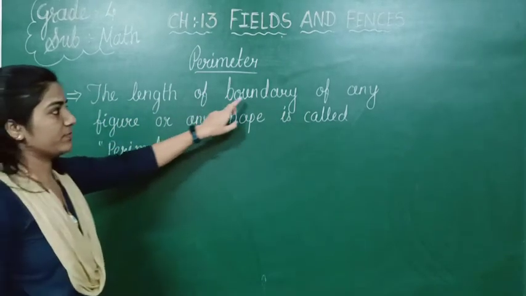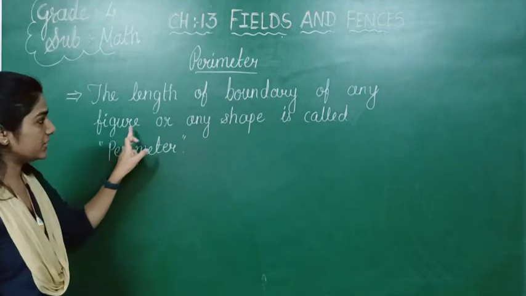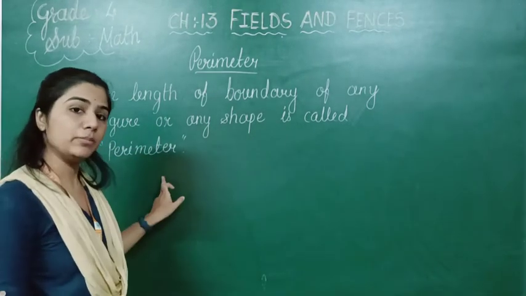The length of the boundary of any figure or any shape is called perimeter.